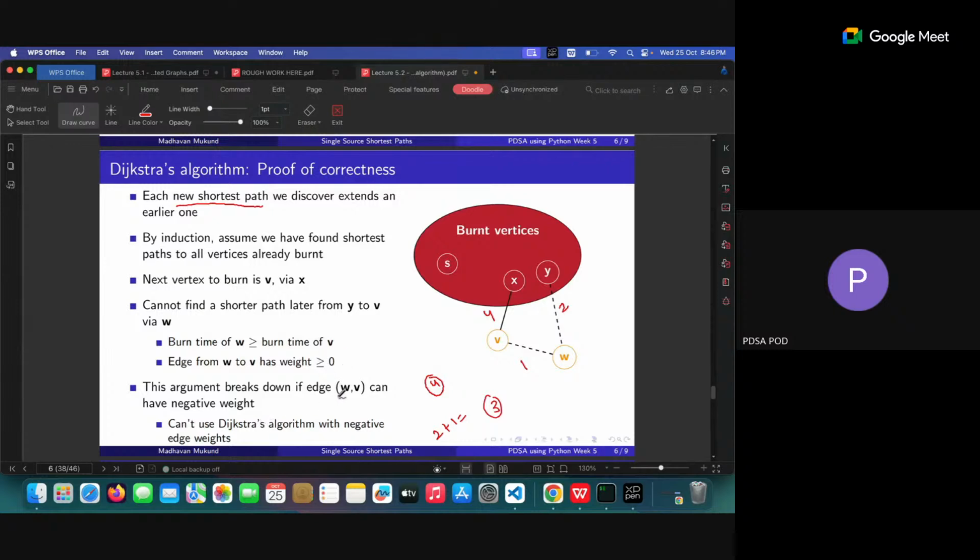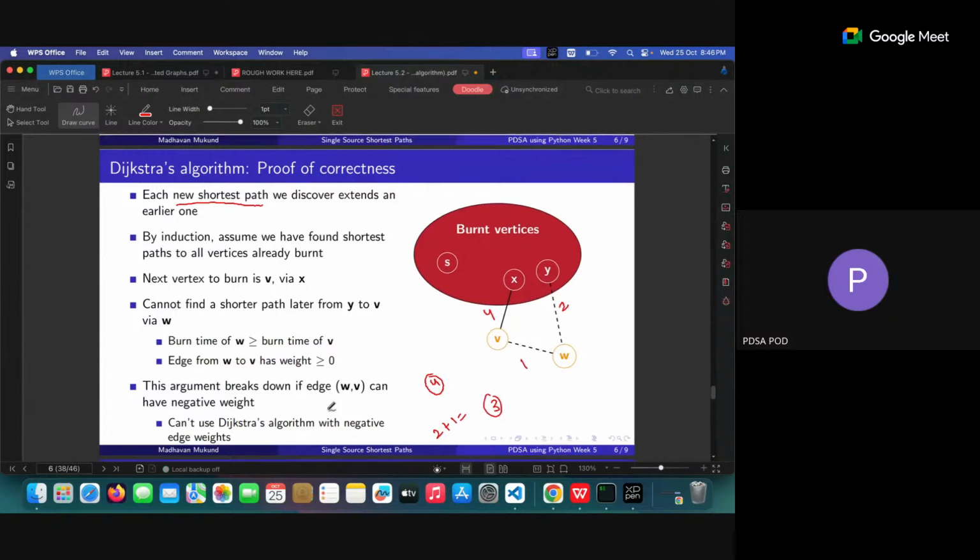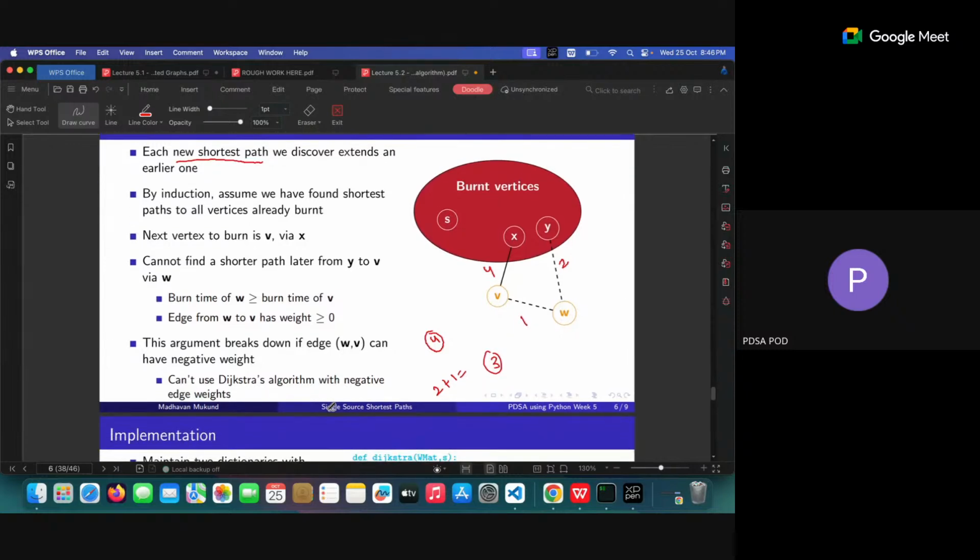So the argument breaks if edge WV can have a negative weight. If negative weights are involved, Dijkstra's algorithm cannot handle negative edge cycles, only positive edges. The limitation of Dijkstra's algorithm is that we cannot have negative weights, only positive weights. Clear? It is a greedy approach.